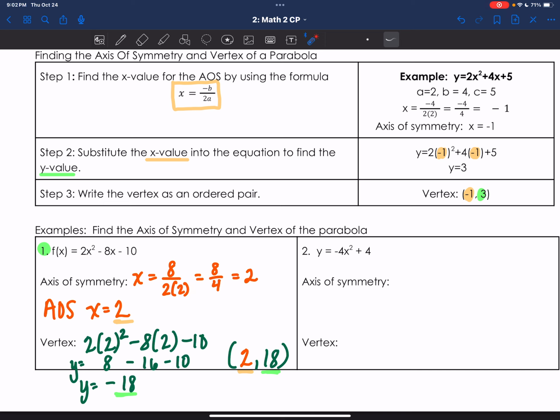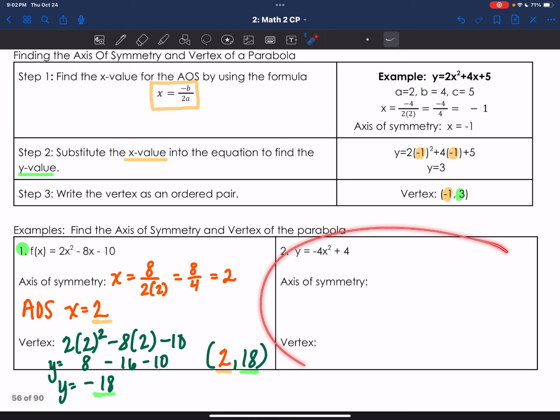Then simplify it, so the axis of symmetry would actually be x equals 2. So it crosses the x-axis at 2. Now, take this value, and wherever you see x here, you're substituting that value in. Once you solve it, you'll get y equals -18, and that's your y value. That's your vertex. So you do the axis of symmetry, then plug that x value into your equation to find the vertex. Go ahead, try this one.